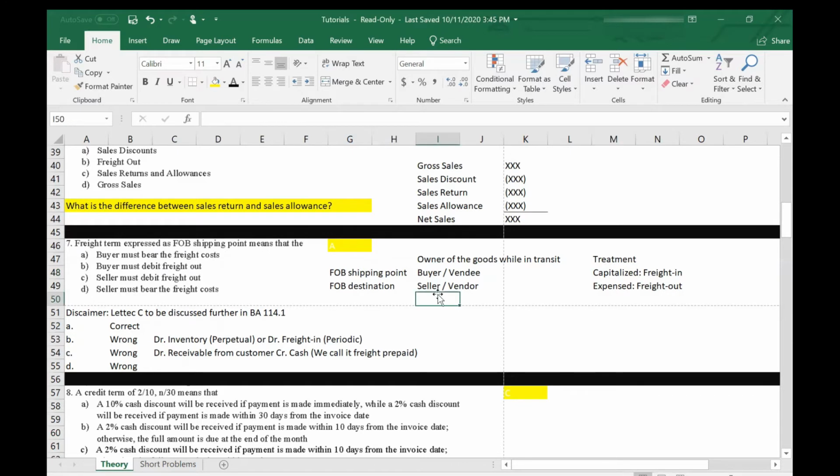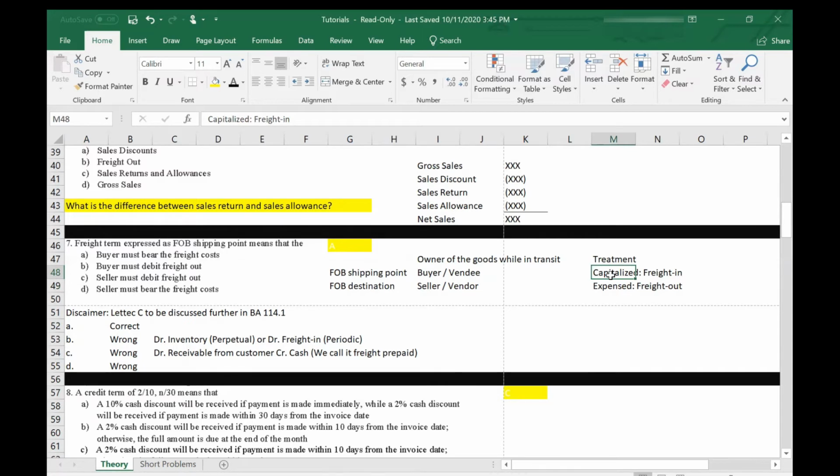If it's FOB destination, it should be the seller who should shoulder the freight. And the seller accounts for it as a freight out or delivery expense. So the seller will debit freight out and credit, for example, cash. Now, in your BA 114 or in higher accounting subject, the complication there is that, di ba, for FOB shipping point, the one who should shoulder the freight should be the buyer.